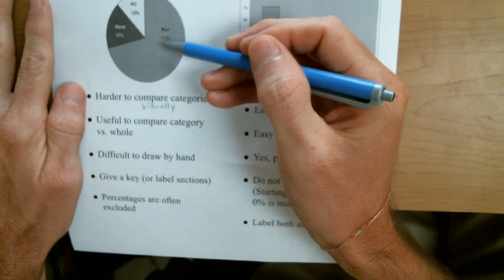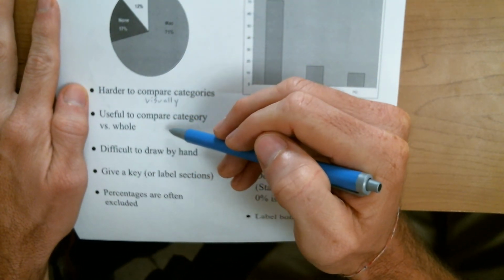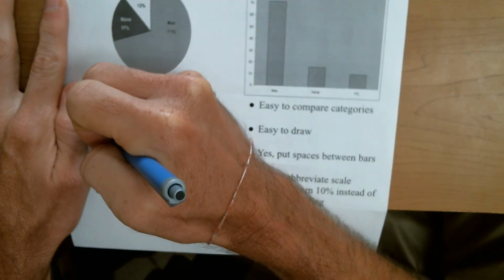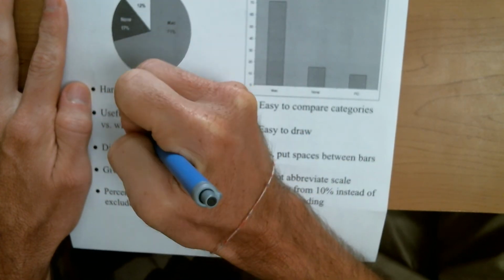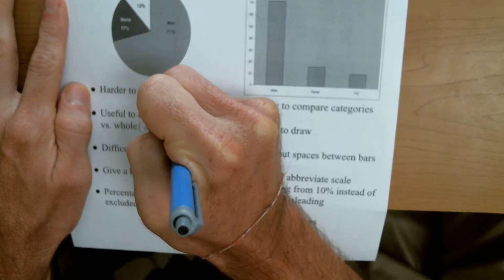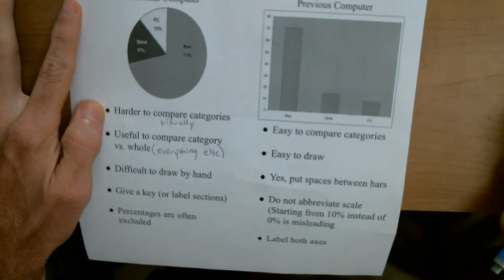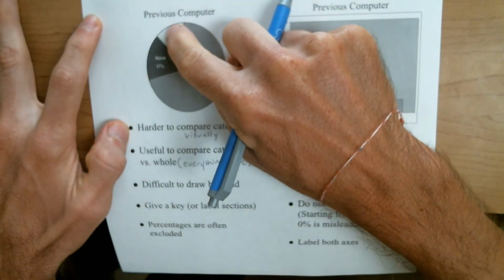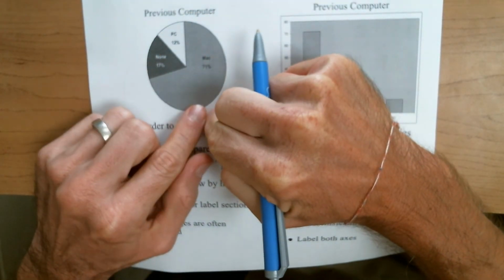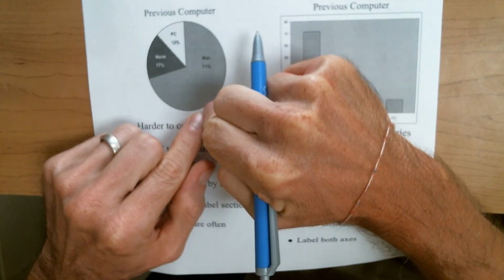In contrast, the pie chart is much more useful when trying to compare a category to basically the whole, or everything else. It's easy for me to say, all right, here's PC, here's everything else. Here's none, here's everything else.